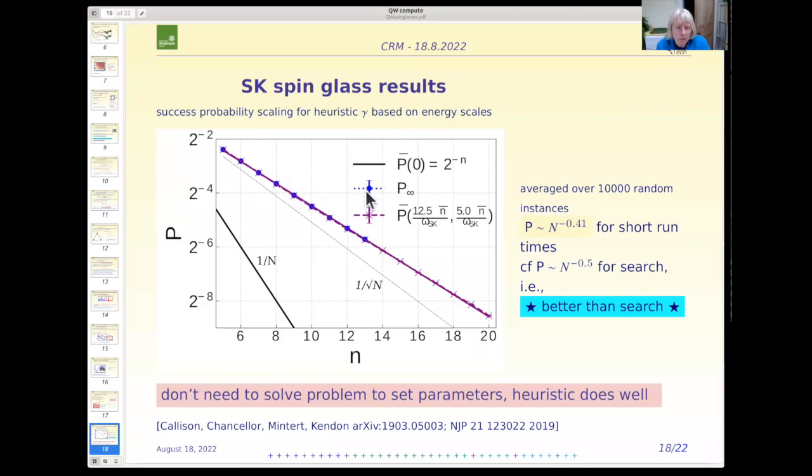And we have calculated the infinite time average for the blue dots. And then when we get to 13, we run out of computational power to diagonalize the matrix. It's 2 to the 13 by 2 to the 13, remember?